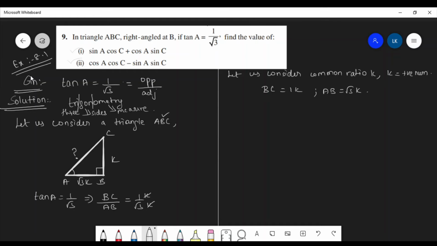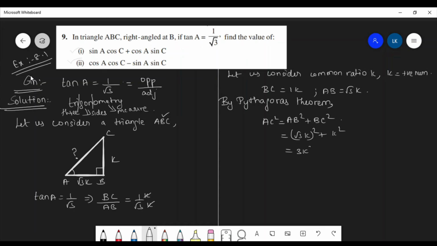And how can we find the hypotenuse? We can find the hypotenuse by using Pythagoras theorem. By Pythagoras theorem, AC square is equal to AB square plus BC square. The value of AB is root 3 K, the whole square, plus the value of BC is K square.